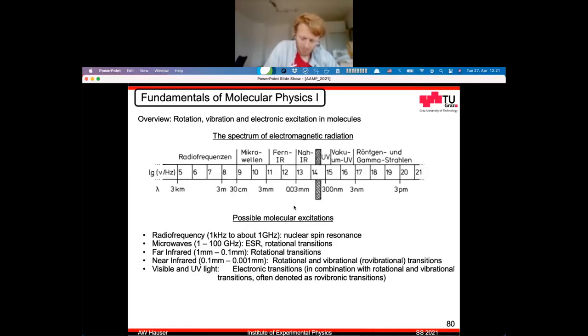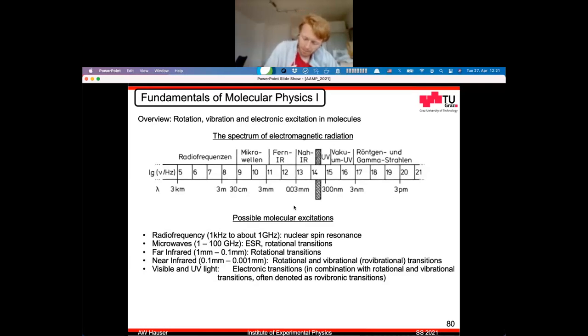We said we have electronic excitations, we have vibrational excitations, and we have rotation as a possible degree of freedom which can be excited. Typically, when we think about an excitation, it would be through photons, for example, that hit our molecular system and give rise to some excitation.